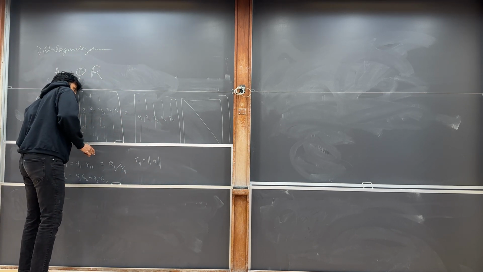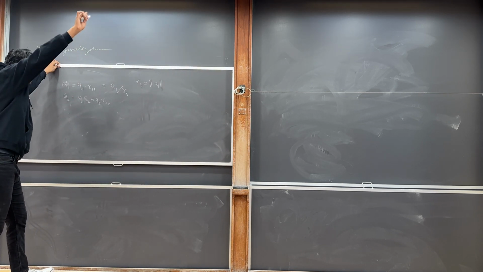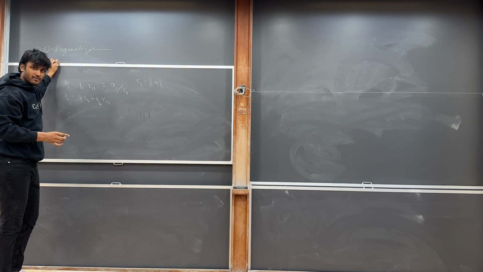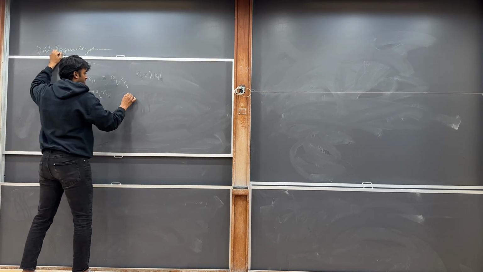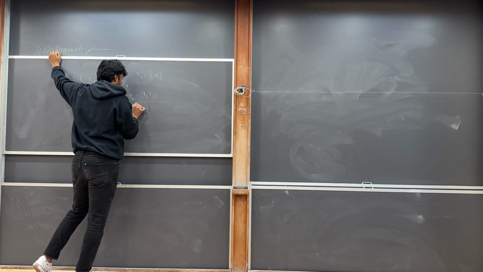Second, what do I do? To find Q2, the second vector, what I do is A2 minus Q1 R12, divided by R22.